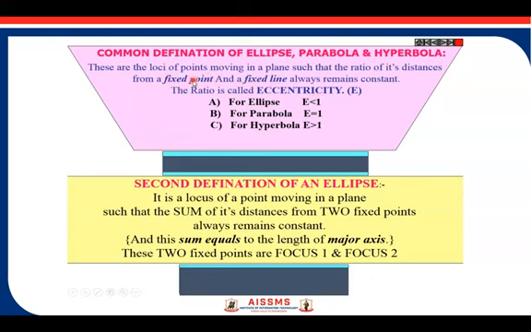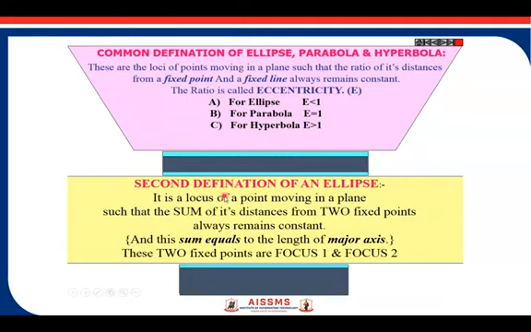The fixed point is called the focus and the fixed line is called the directrix. Now if this ratio, the eccentricity, is less than 1, then that curve is called an ellipse. When it is equal to 1, it is called a parabola, and when it is greater than 1, it is called a hyperbola.